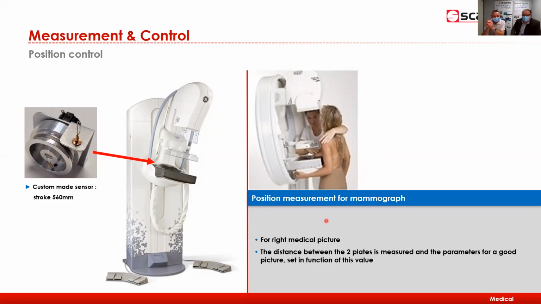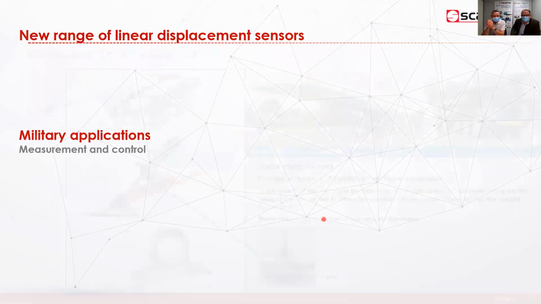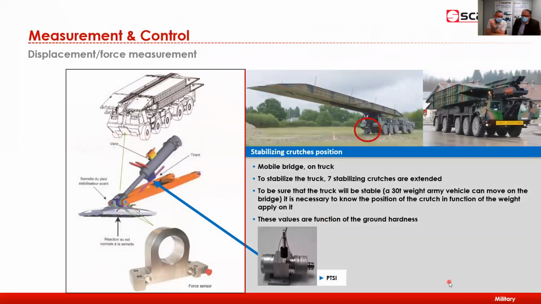Okay, we are also in military applications. For this one there is a moving bridge on the track, and when you stop, you can imagine an army vehicle moving on this bridge, and the weight of the vehicle can be up to 30 tons. So it will be dangerous if the ground is not correct. So there are some stabilizers.